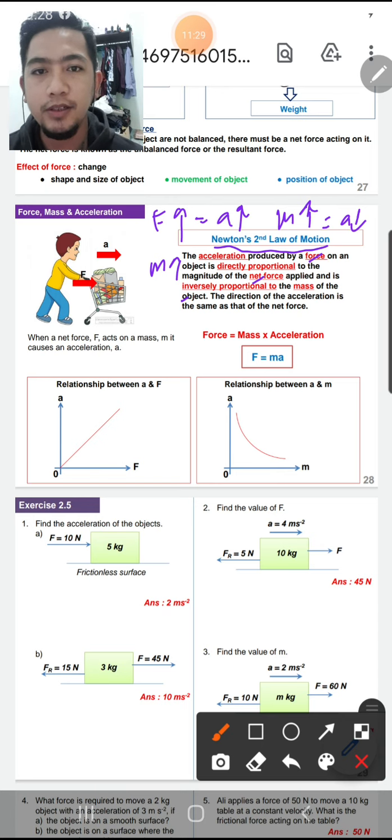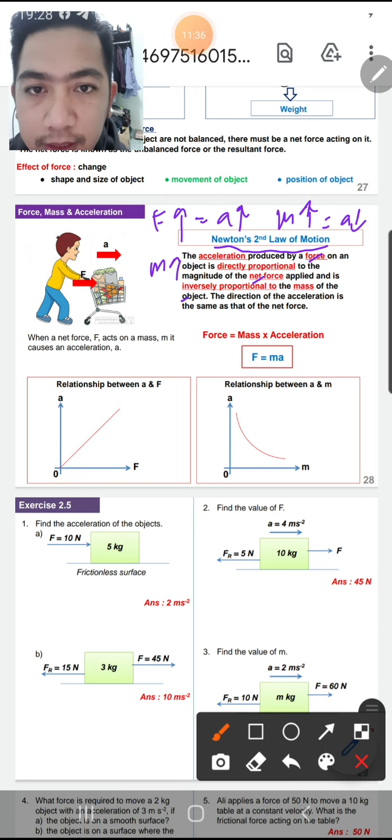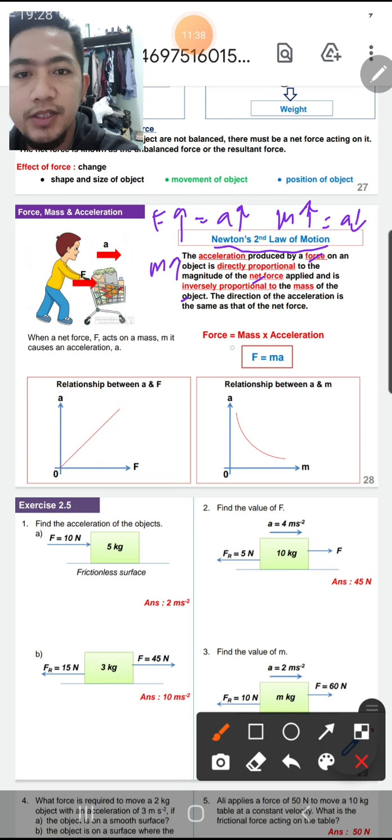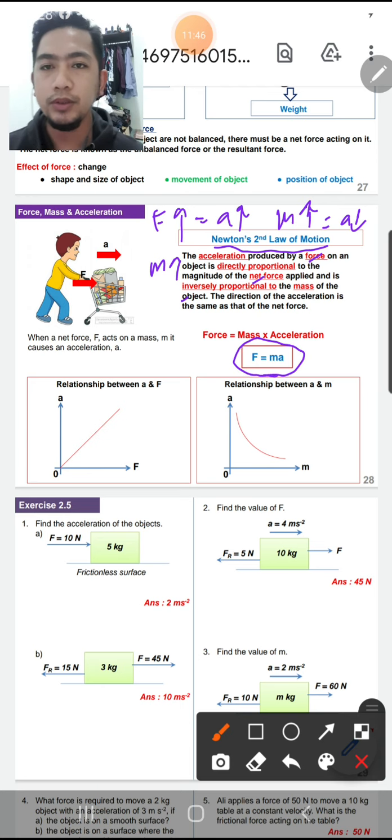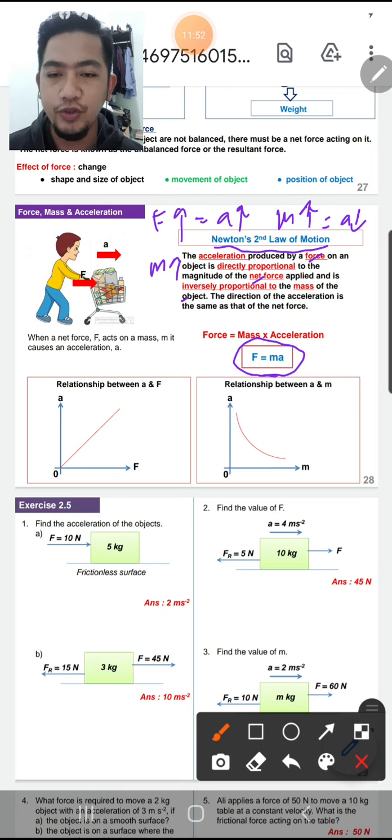So this is the Newton's second law of motion. So we can conclude the formula for this law: force is equal to mass times acceleration, or in the form of formula F equal to ma. So F equal to ma refer to the second law of motion.